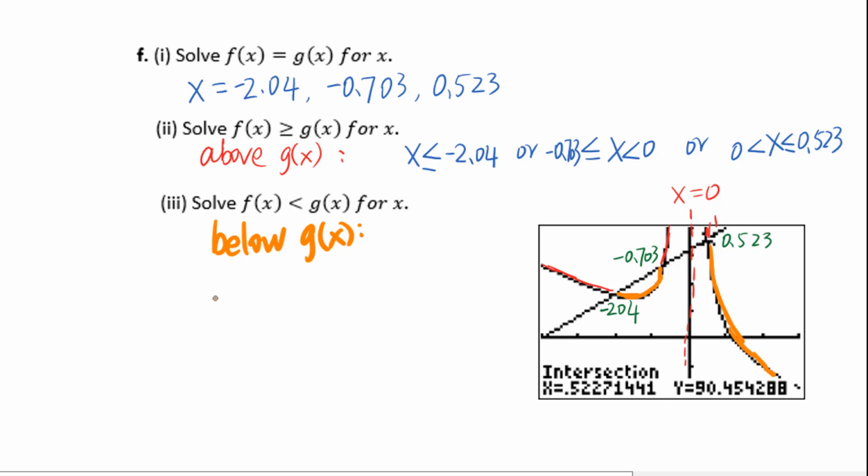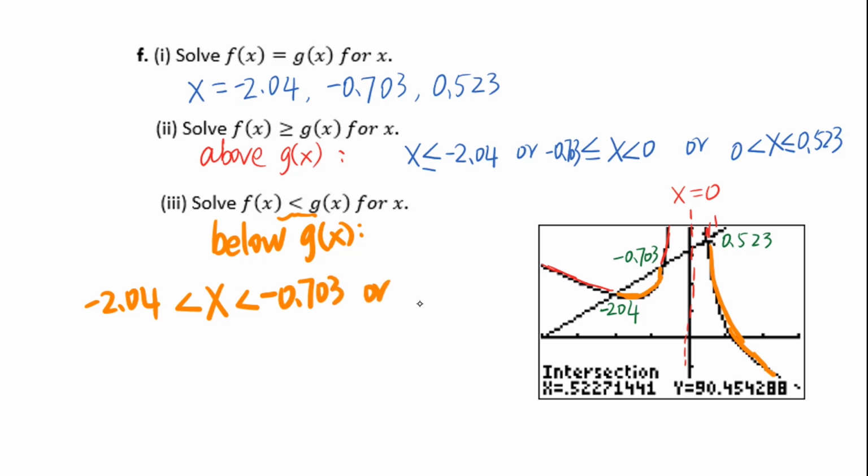We can write down the solution. x greater than, no equal sign because here there is no equal sign, negative 2.04, less than negative 0.703, or x greater than 0.523.